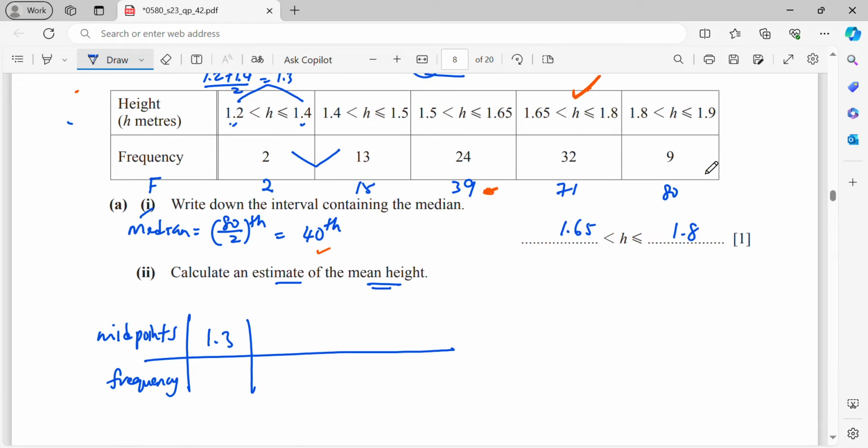The same goes for the next ones: 1.4 plus 1.5 divided by 2 is 1.45; 1.5 plus 1.65 divided by 2 is 1.575; 1.65 plus 1.8 divided by 2 is 1.725; and lastly 1.8 plus 1.9 divided by 2 is 1.85. Then copy the frequency F.